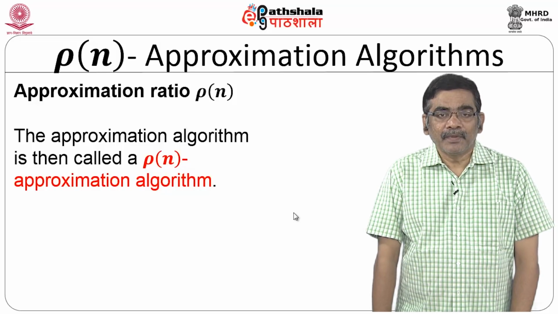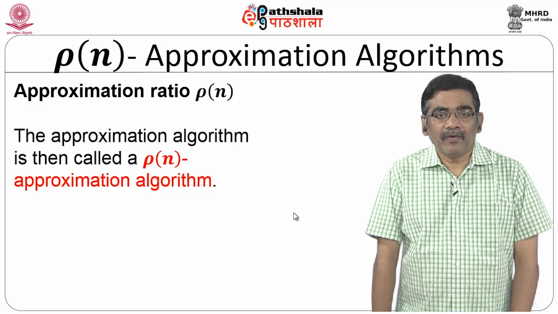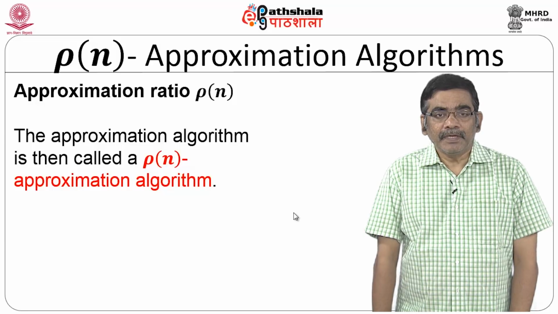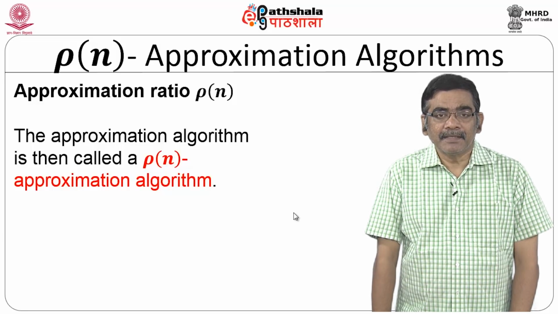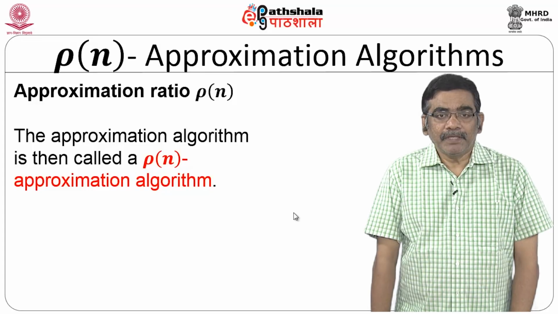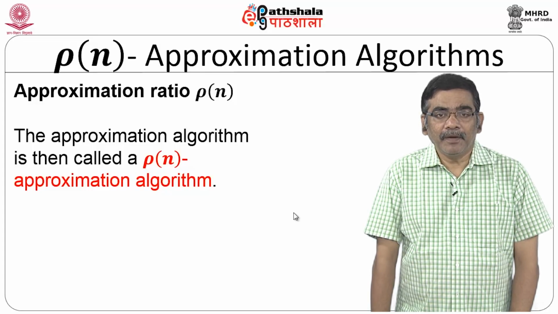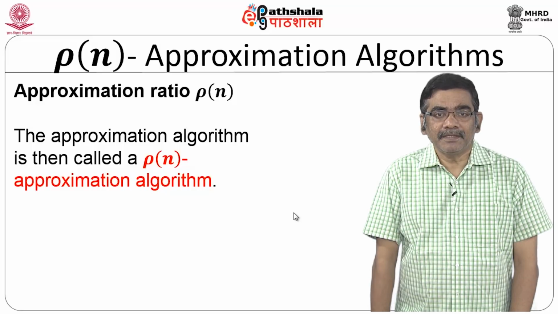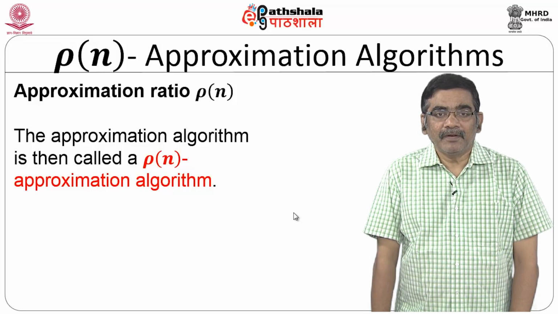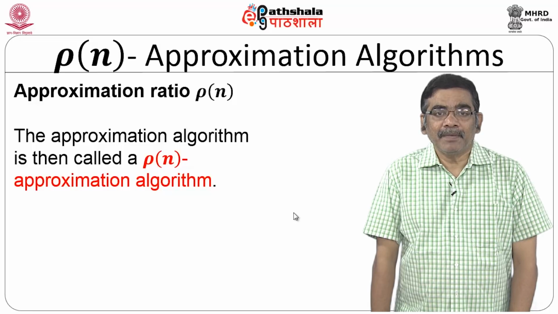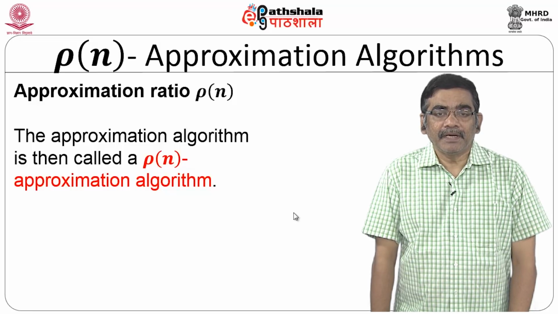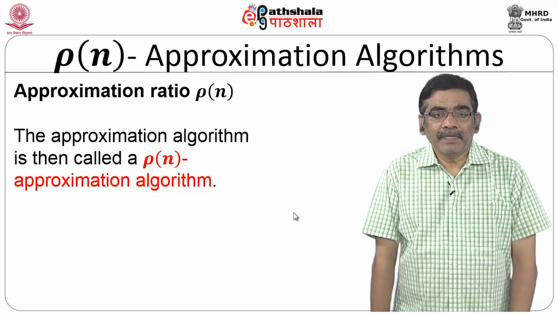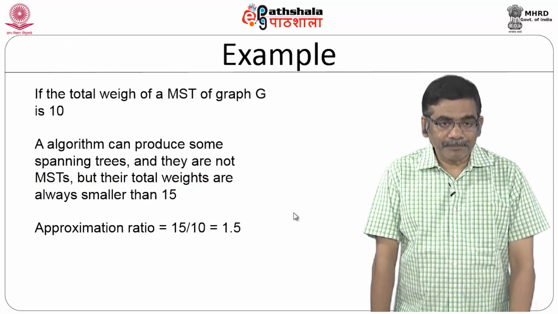In other words, the algorithm exhibits the characteristic of rho of n. In short, the approximation algorithm should run in polynomial time. This is the most important point. If the algorithm is not running in polynomial time, then it is of no use. It is not an approximation algorithm. The second point is that we should get an acceptable approximation ratio.